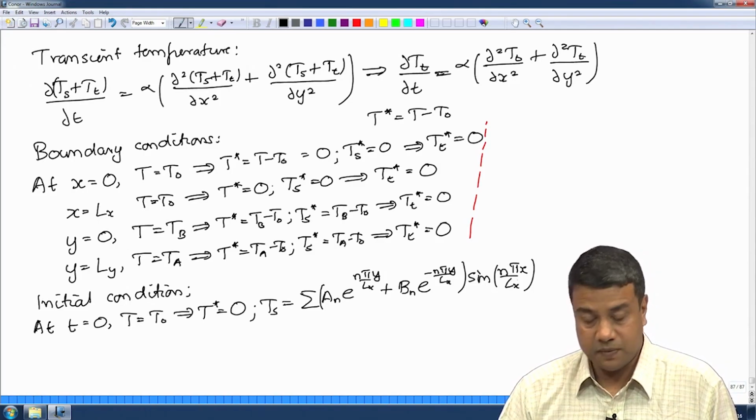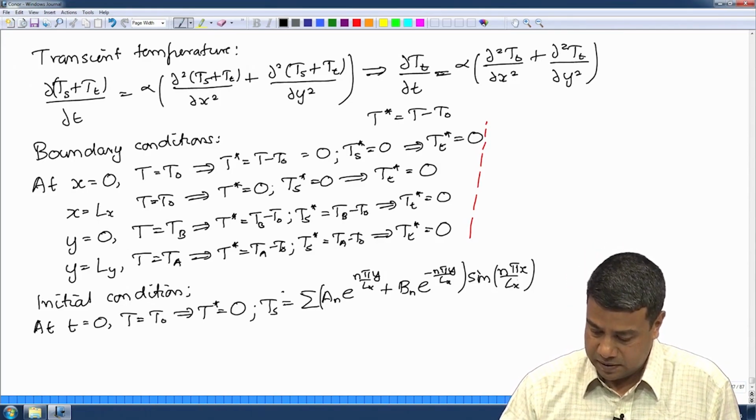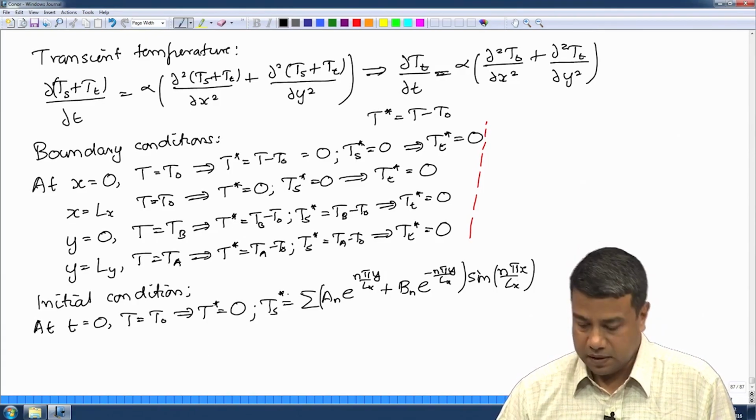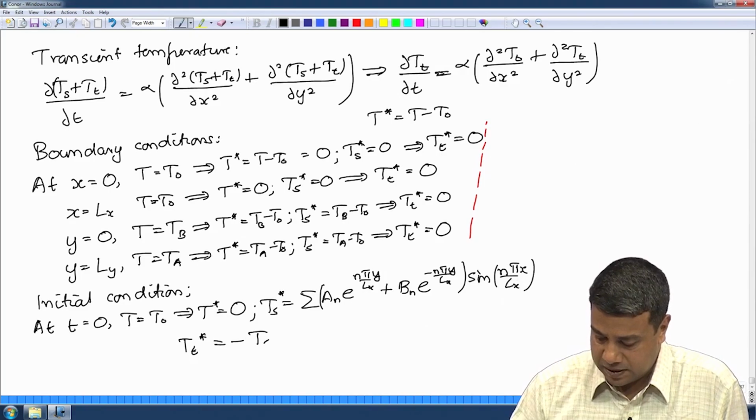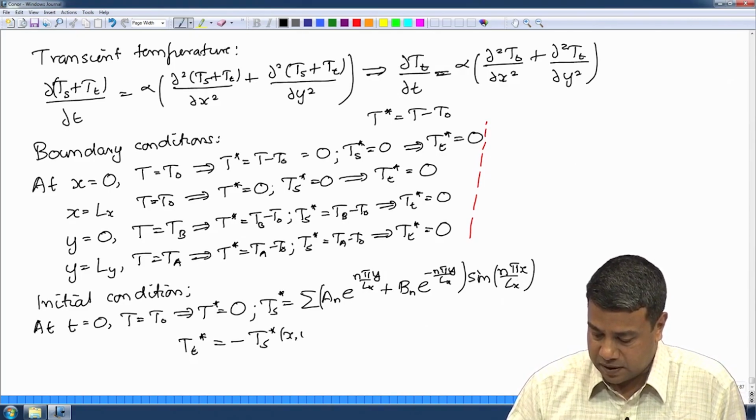So, the steady part is given by this, which means that the transient part has to be equal to minus the steady part, which is a function of x and y.